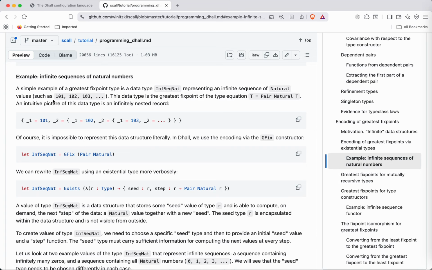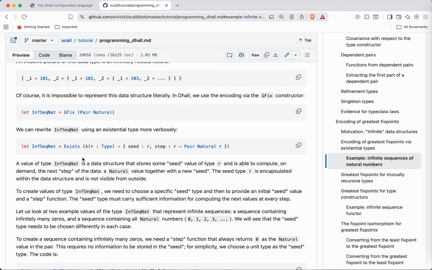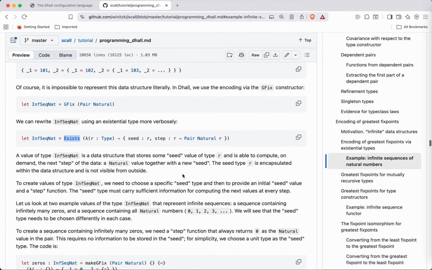There's always infinitely many numbers, and you can define that in System F Omega using a church encoding, and the church encoding gives you an existential quantifier which we define, and then you can work with it.